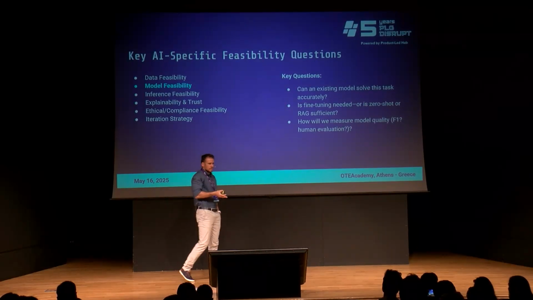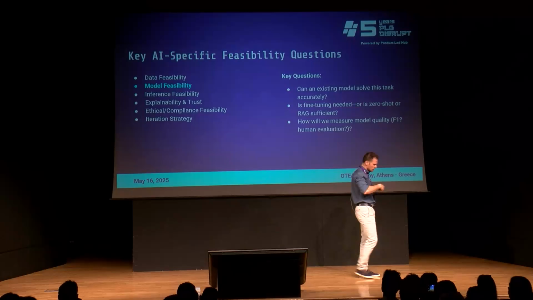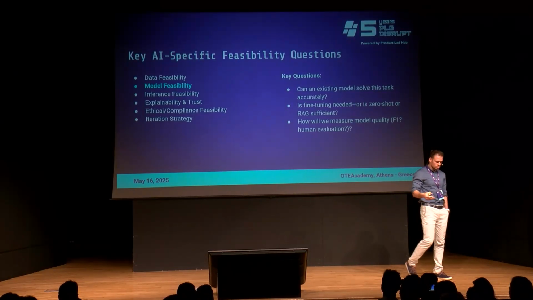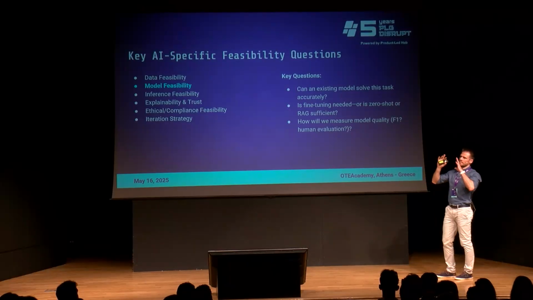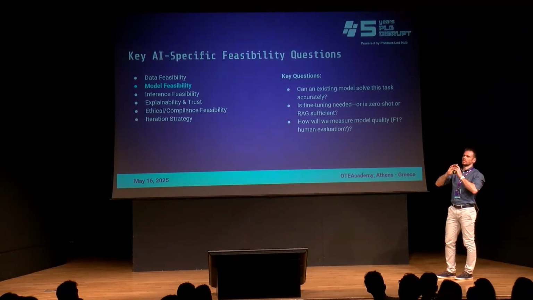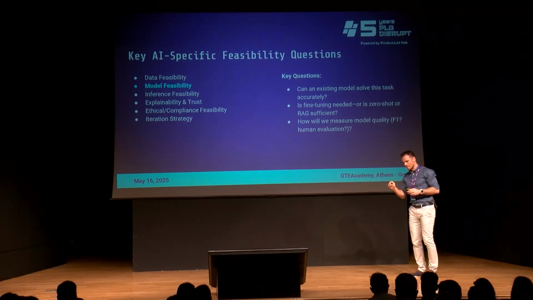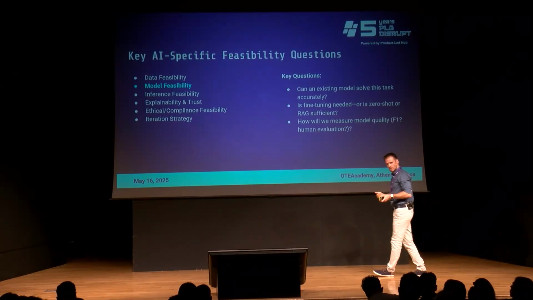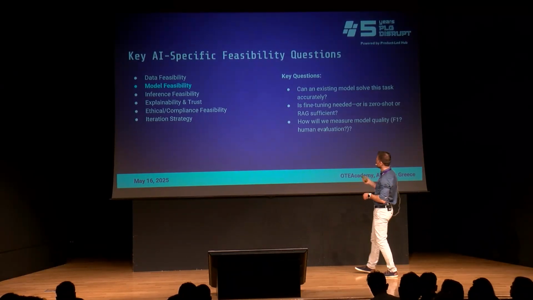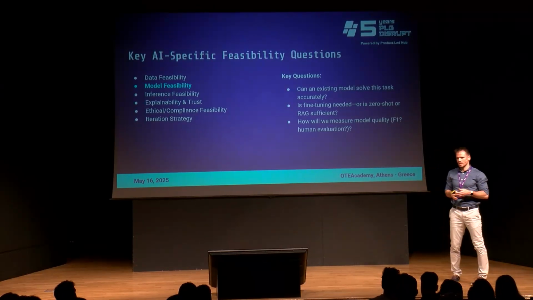The model feasibility. We have the engineers saying, hey, this model performs well or not. Okay. But, you know, I can see myself back in the day trying to test the feature. It was very, very easy because I was just checking to see if the button actually works, right? If the form submits and actually gets the result. But with this one, I have to have a full conversation to see if it actually gets the data.